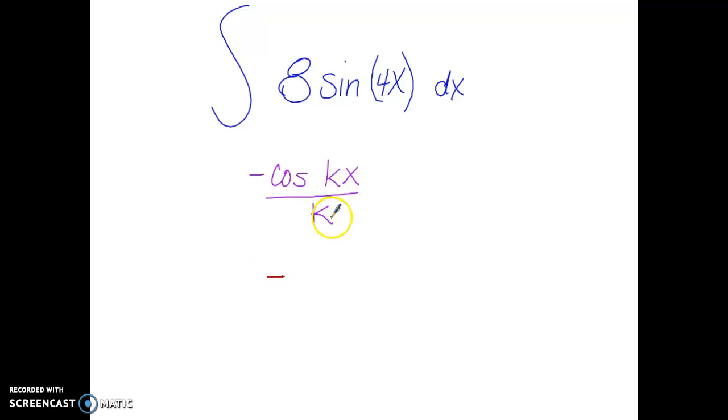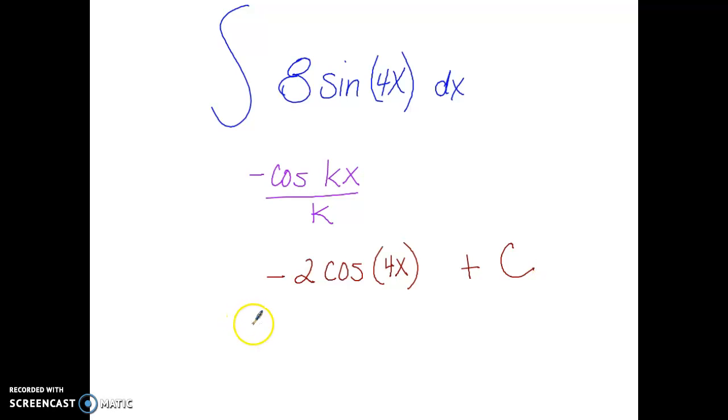I'm going to divide by the number 4, but I have a coefficient of 8. So I want to do 8 divided by 4, followed by my cosine, and my angle doesn't change. That's going to remain as 4x plus c. So here's what my integration would be.